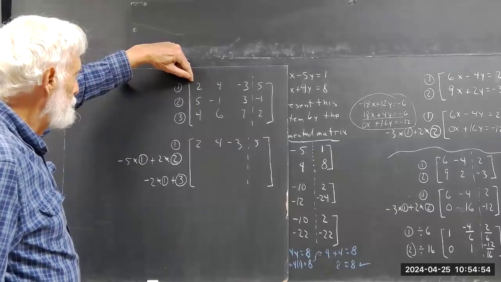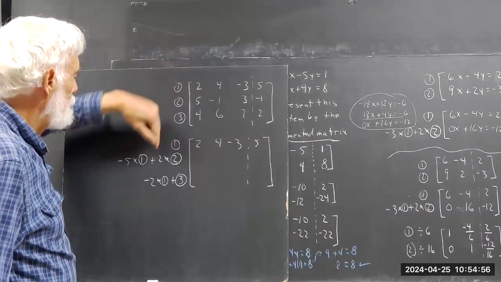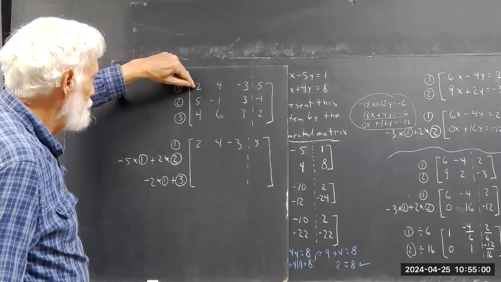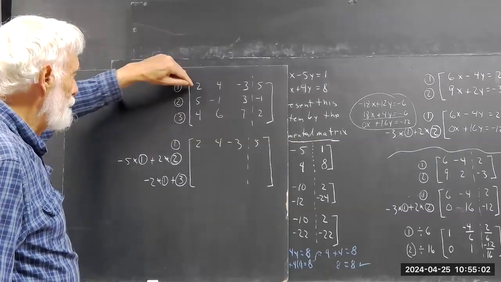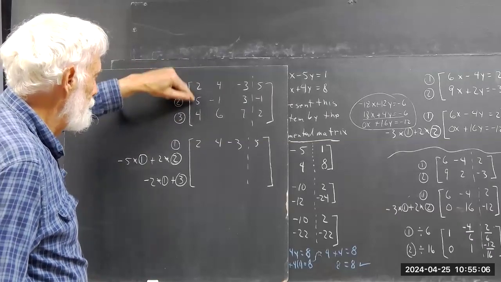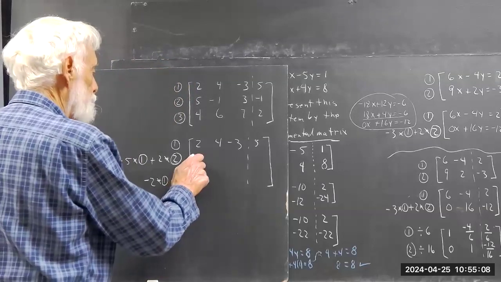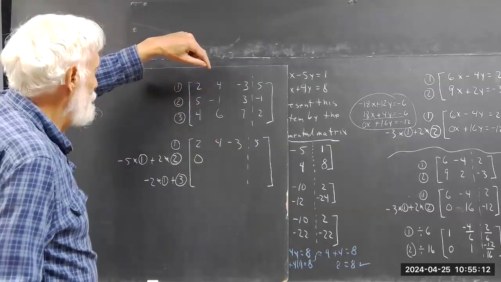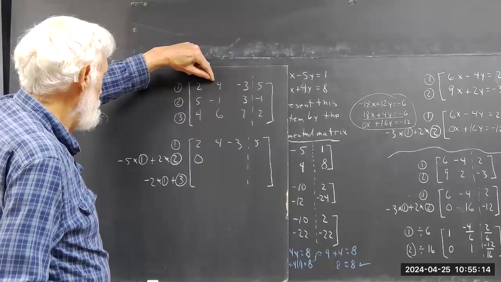The number in row one is 2, so -5 times that is -10. And 2 times the number in row two is 10. You have -10 and 10, you're going to get 0. And then you multiply -5 by 4, you get -21.